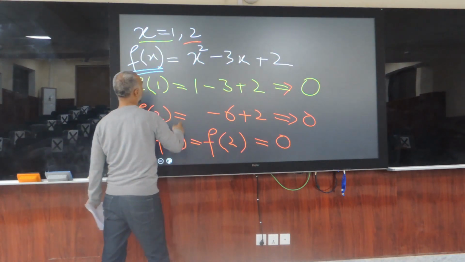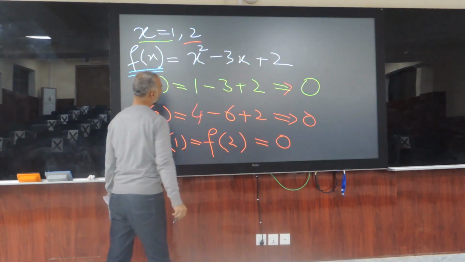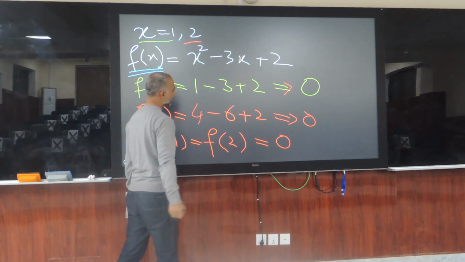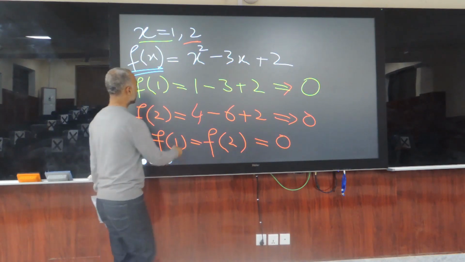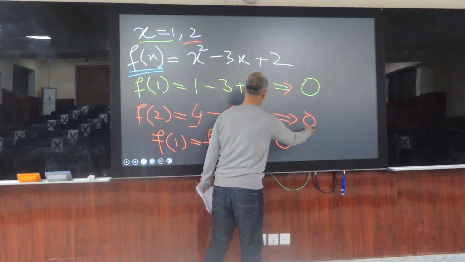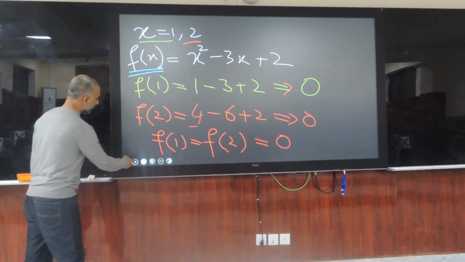Here we will have 2 2s are 4, and 3 2s are 6. Okay, so this is a little typo. The answer is 4 plus 2, so 6 minus 6 equals 0. So please make it correct. Thank you.